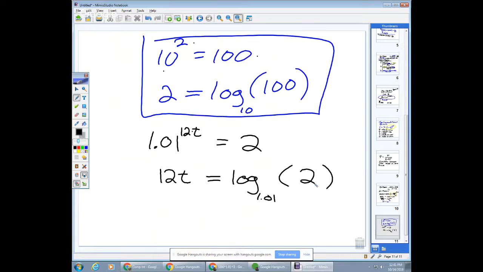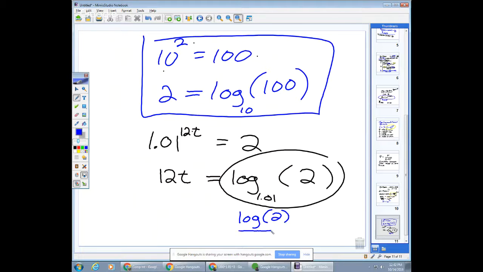The calculator doesn't have a base 1.01 log, so I can split this into 2 logarithms. The trick there is to say, okay, the calculator does have a log button, but I can't just let the 1.01 vanish. That changes the problem. So I compensate by dividing by the log of the old base.